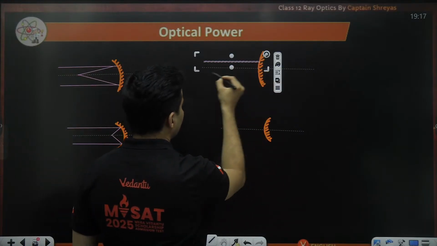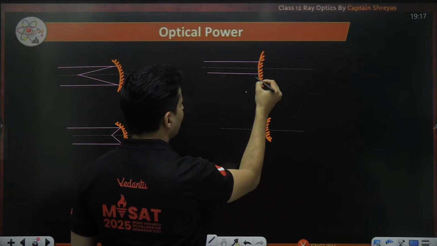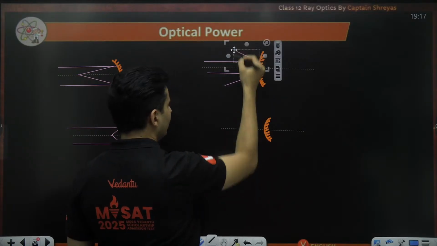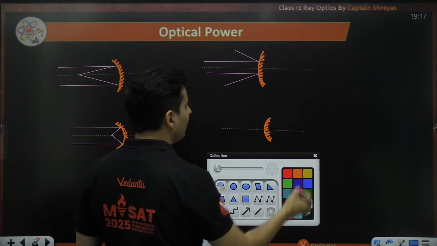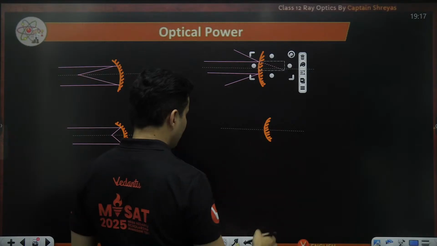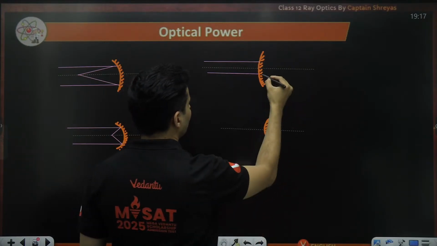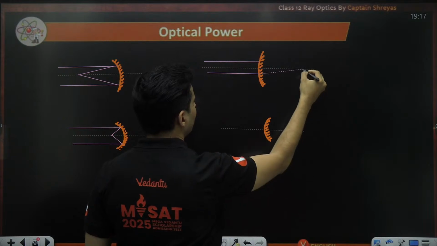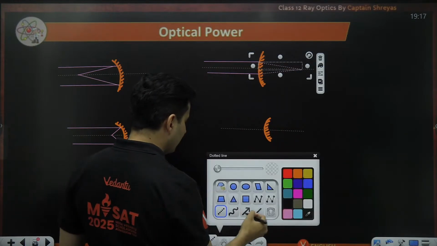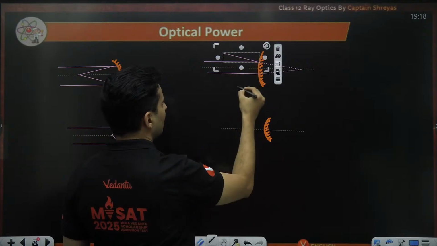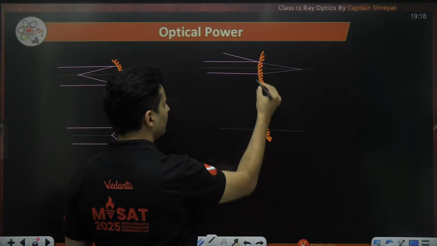Here, the rays which are parallel will obviously get diverged. It's a convex mirror, so they will get diverged. I'll have to extend the rays to locate where exactly they are meeting. I will first show the extension, then I will show the rays. It is always easier that way. Reflecting like this.